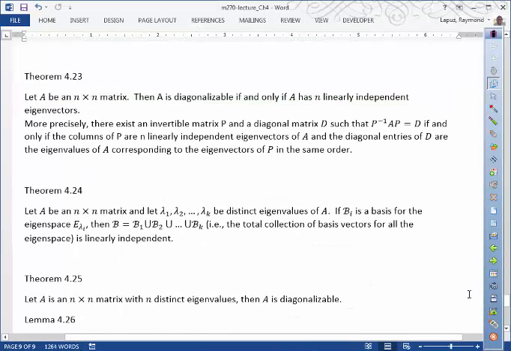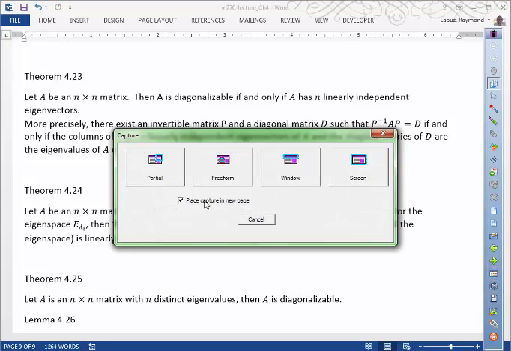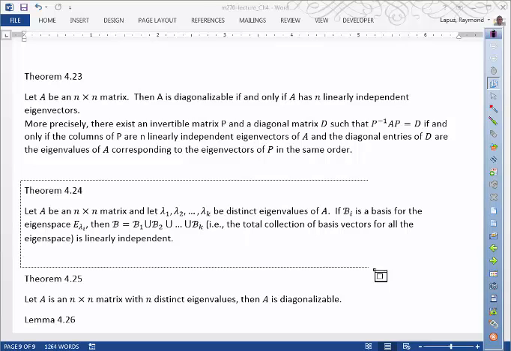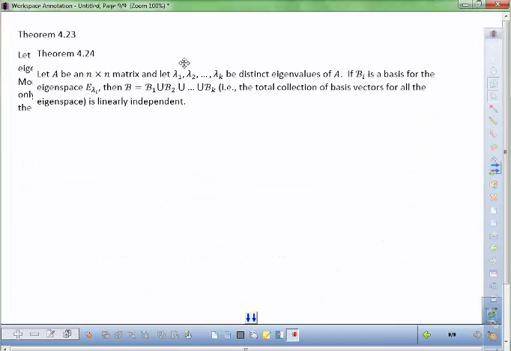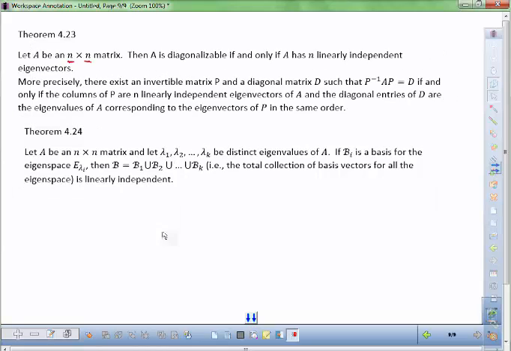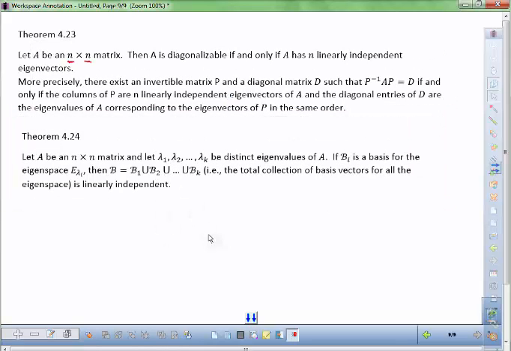The next theorem has something to do with the basis for the eigenspaces. If you have k distinct eigenvalues and B sub i is a basis for the eigenspace, then if you collect all the bases, you're going to have a linearly independent set.